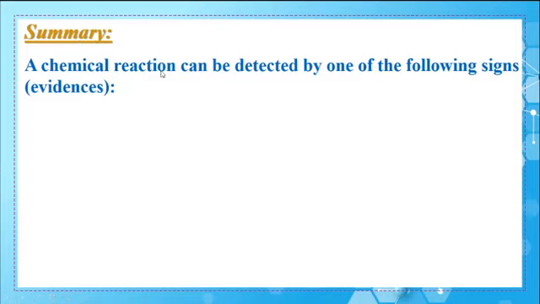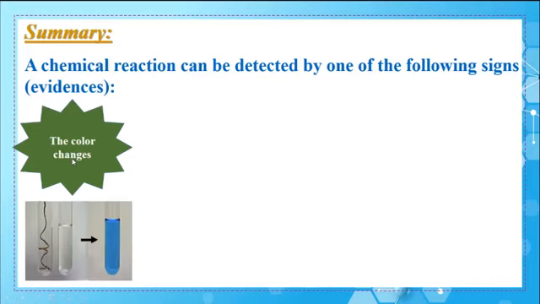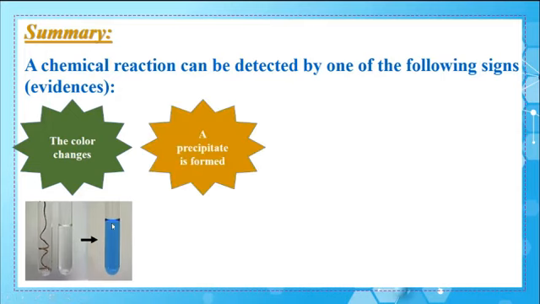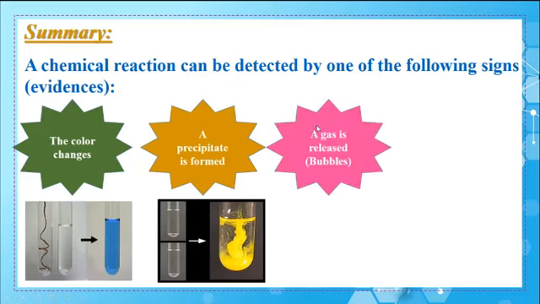Then as a summary, a chemical reaction can be detected by one of the following signs or evidences. The color changes, as you see here, starting from a colorless solution and a copper strip to obtain a blue colored solution. A precipitate is formed when we add lead nitrate over potassium iodide to obtain a yellow colored solution.